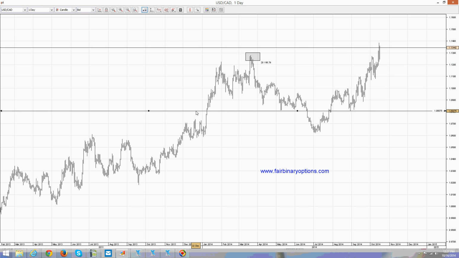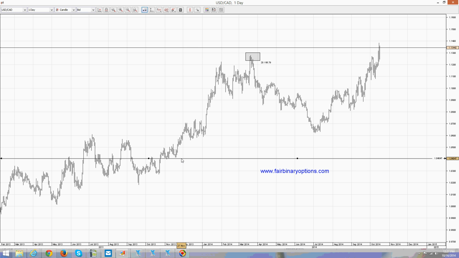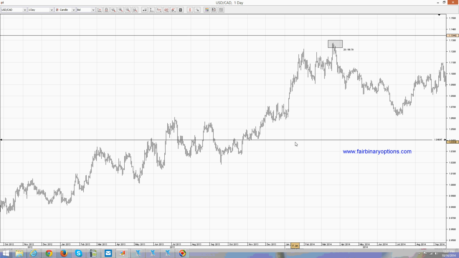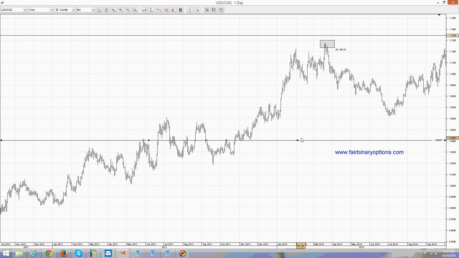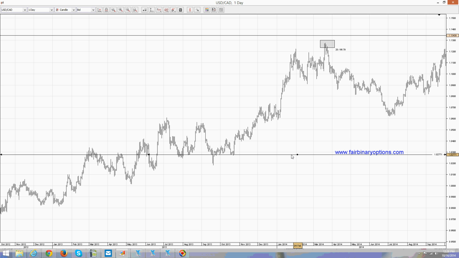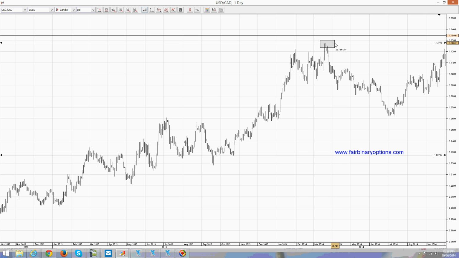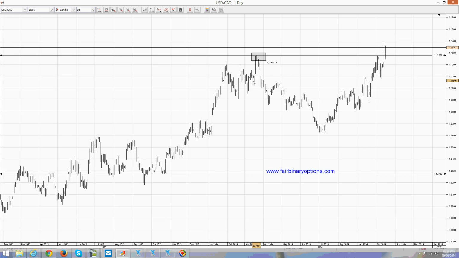Well, we need to calculate the move that started from here, the move out of this contracting triangle that ended here. So this is where the third wave started, from here, and to put it here like this, and to take out of it 161.8.